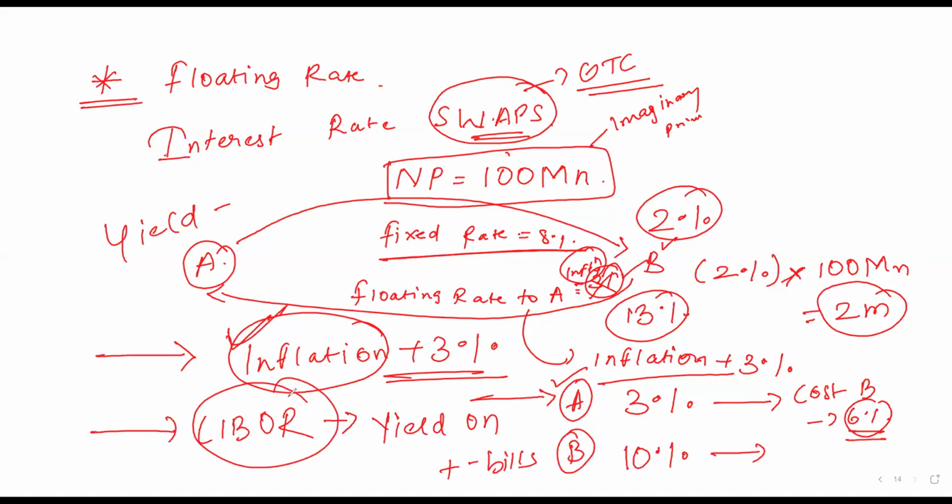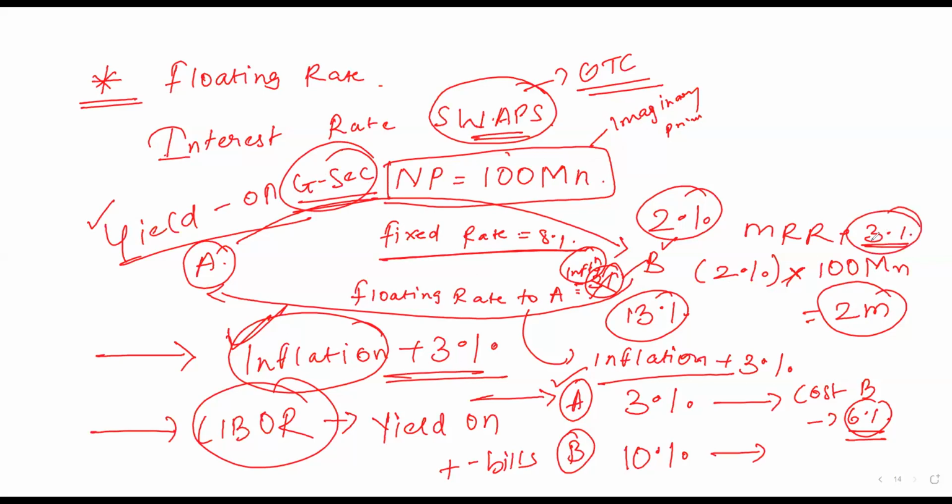But that is a very different thing. Yield on GSEC, that is yield on government securities, can be taken as a market reference rate. So the floating rate would be based on market reference rate plus a constant percentage, that is 3%, 4% or any of the negotiated percentage.